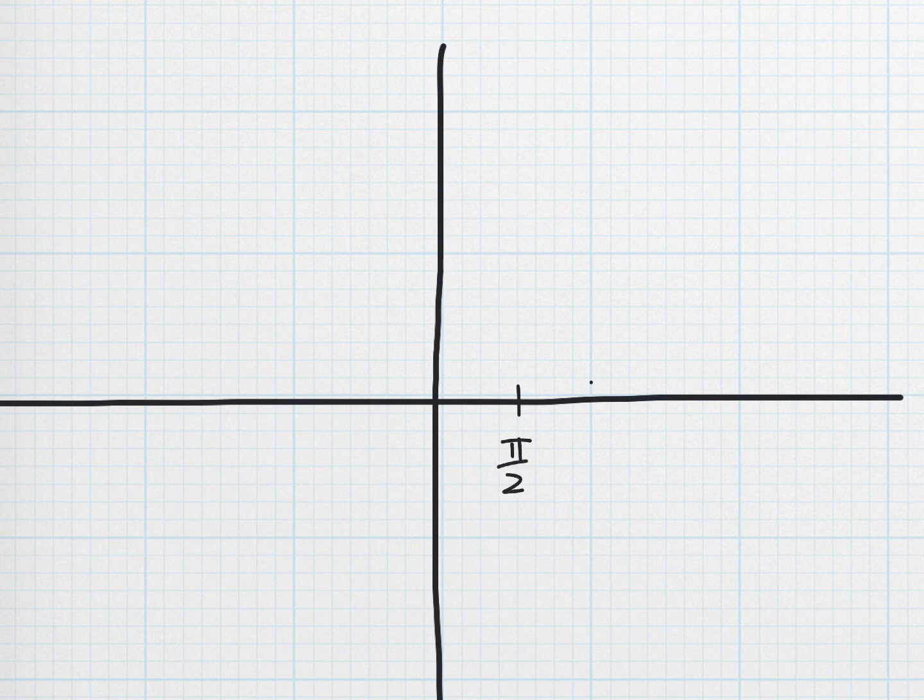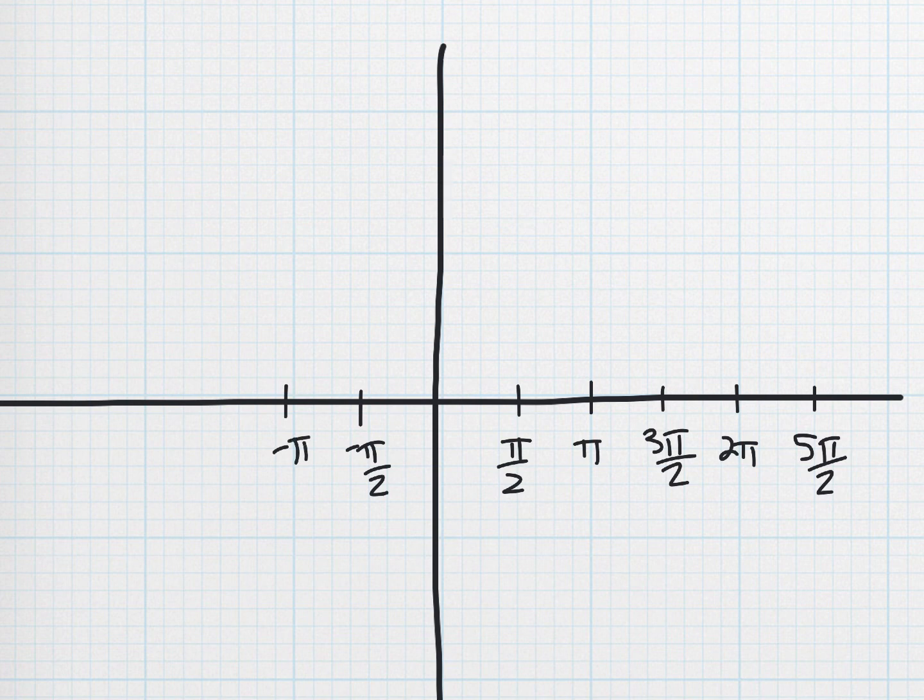And then pi. 3 pi over 2, 2 pi, and then 5 pi over 2. Then over here, I've got my negative pi over 2, negative pi, and then negative 3 pi over 2.